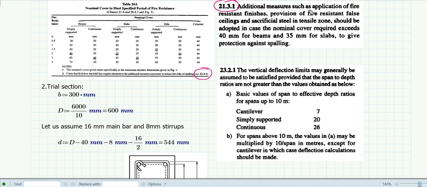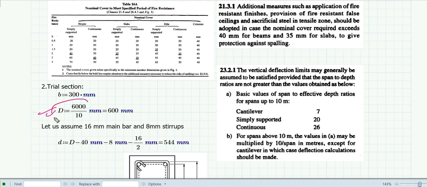The additional measures such as application of fire resistant finishes, provisions of fire resistant false ceilings, and sacrificial steel in tension zones shall be adopted in case the nominal cover required exceeds 40 mm for beam and 35 mm for slab, to give protection against spalling. Okay, so this is what I was talking about. So this is the clause. Now let's come back to the depth.